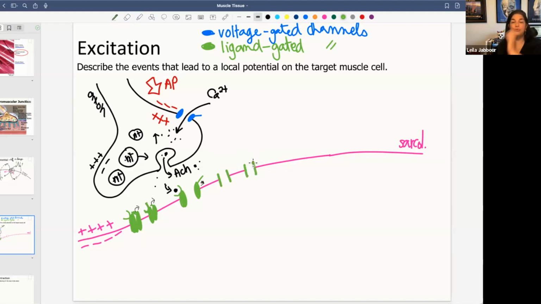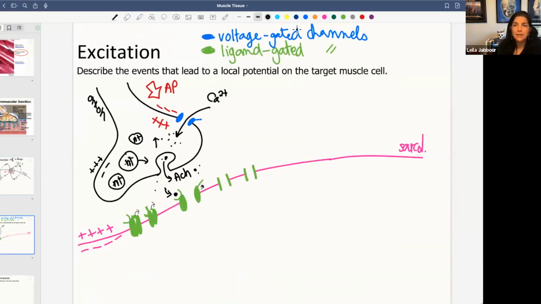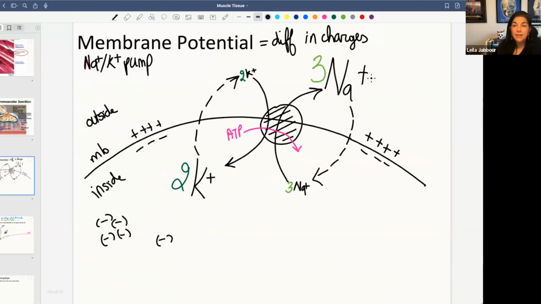So I'm just going to draw two more here and draw the sodium ions, just in black. The sodium ions, we learned from the membrane potential that the sodium ions are in high concentration outside of the cell, right? This is a normal membrane potential.